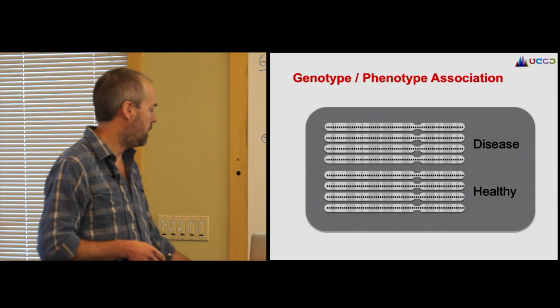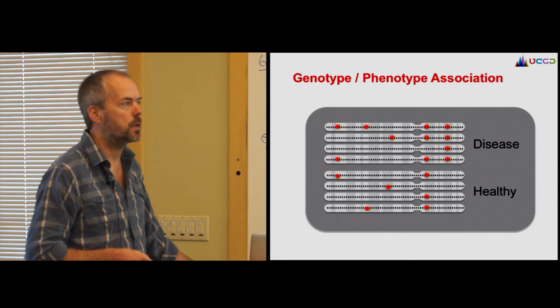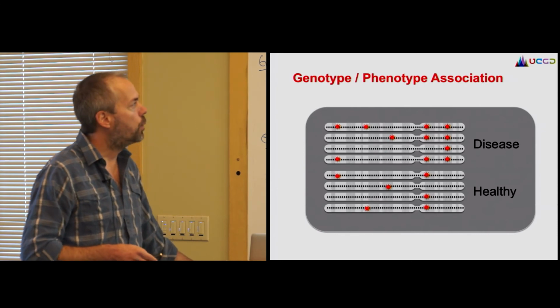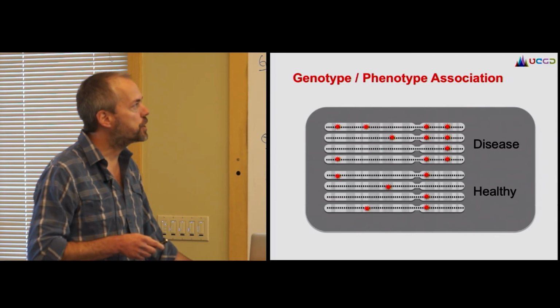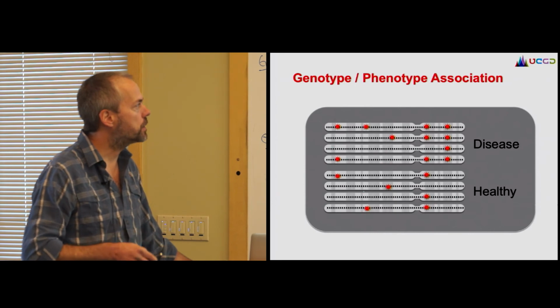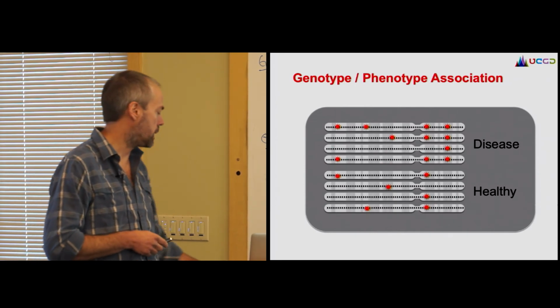We sequence them and do the variant discovery methods that you have been working on. We are then going to look for places where the variation is associated with the disease. So not so good, not so good, not so good. And we get here and we're like, okay, maybe that looks like a good candidate.